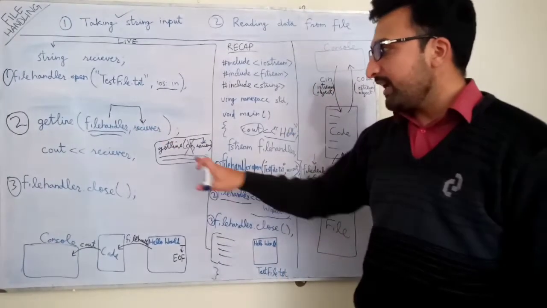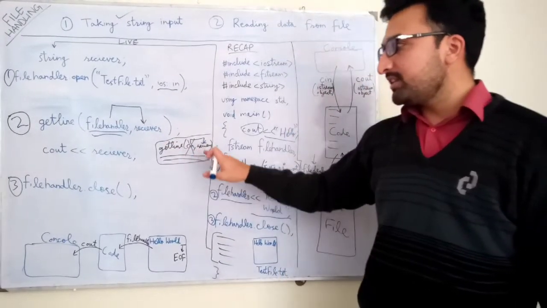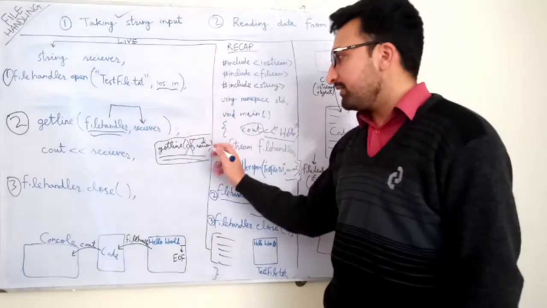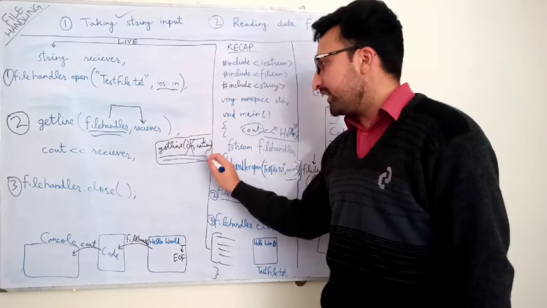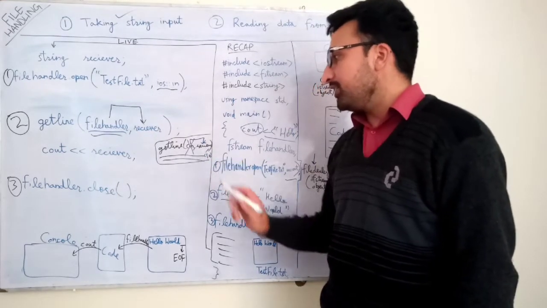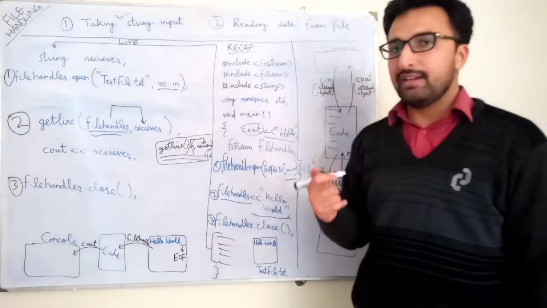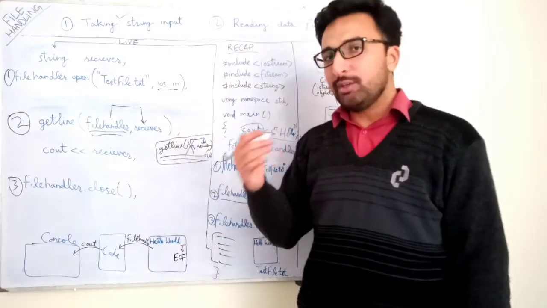Now when we have getline, we know that we receive until we arrive at a newline character. Basically the third argument here is \n, that is a newline character, and if we do not write the third argument, by default it means a newline character.